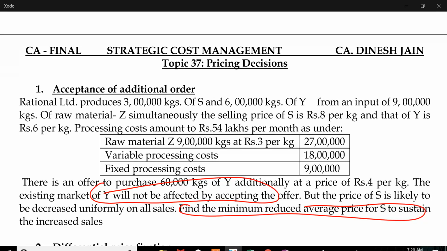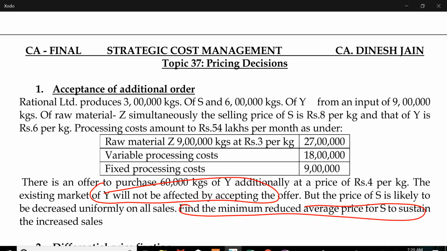Why? Because when you take up the order of Y, production of S will increase. When production of S increases, you have to sell more units, and to sell more units, you have to reduce the price. My minimum price should be one that does not lead to a fall in profits. Today, we will calculate the profit for 9 lakh units, or for the 3 lakh and 6 lakh combination.